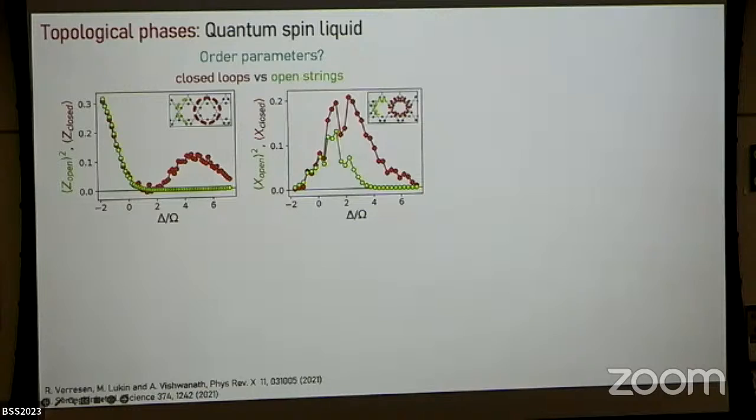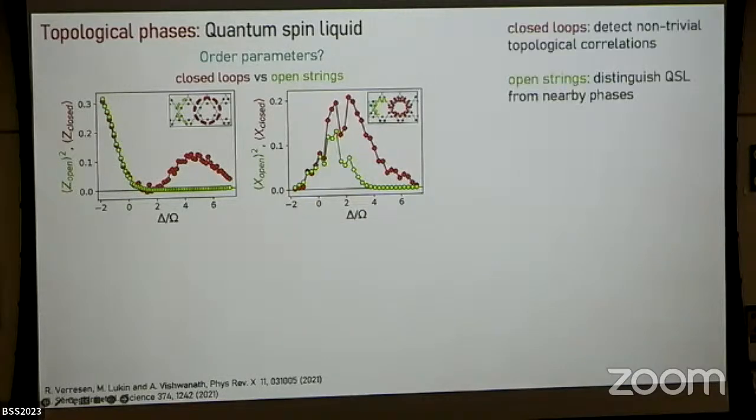So here there is some trivial phase that is allowed to have finite expectation values for X, but it's not the spin liquid. Okay, as I was saying, the closed loops are the ones that detect non-trivial topological correlations, whereas the open strings can help us distinguish the spin liquid from nearby phases, as we did here.